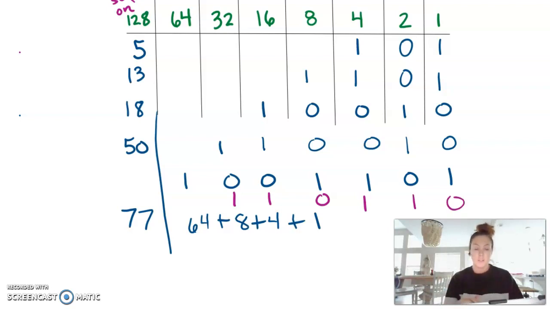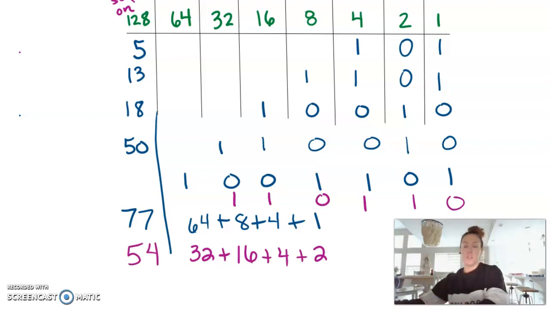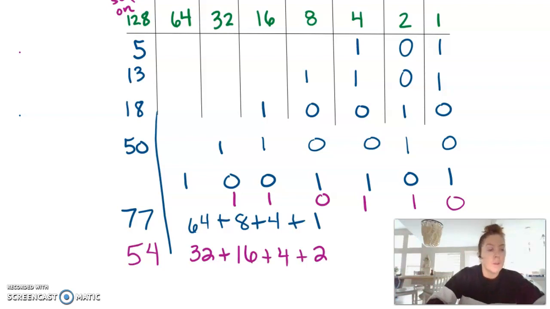Okay, so we've got 1 in the 32, 16, 4, and 2. We're going to add those numbers together. So I get 20 plus 34, which is 54. Okay. All right, do you want to try one more? Let's go ahead and erase this.